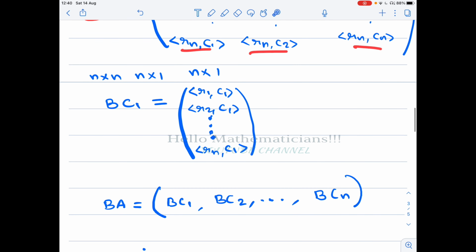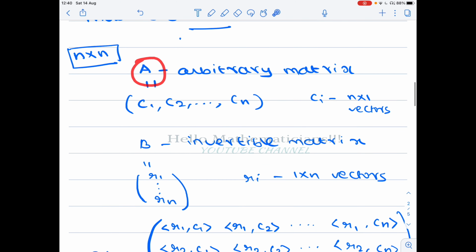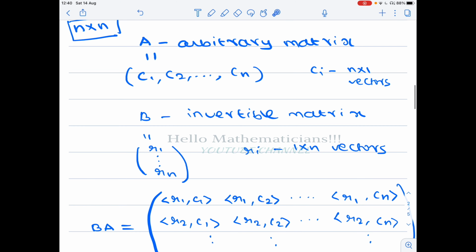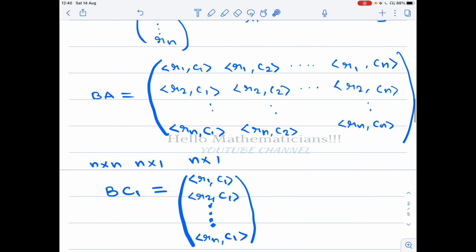Now let's pick C1, which is a column of A. So it is an n by 1 vector, and B is an n by n matrix. What we can do is multiply them, or find the image of the column C1 under the linear transformation B. If you have a matrix and a vector, how do you multiply them?